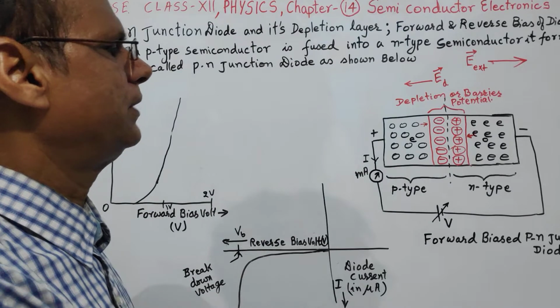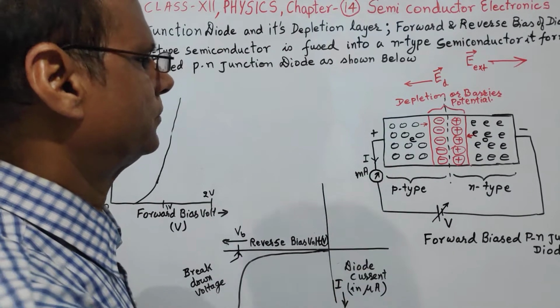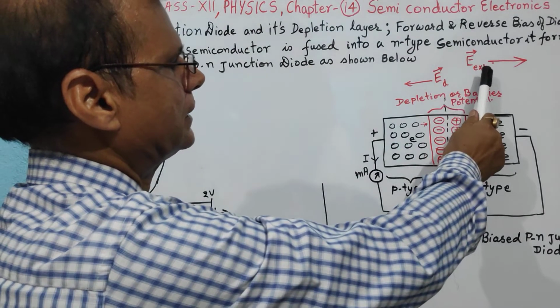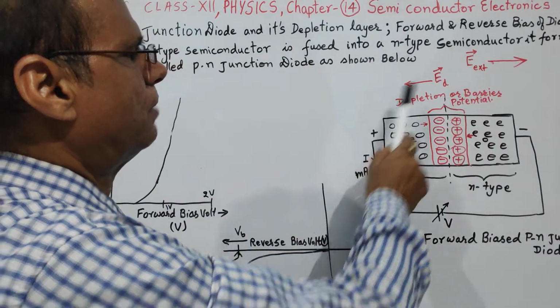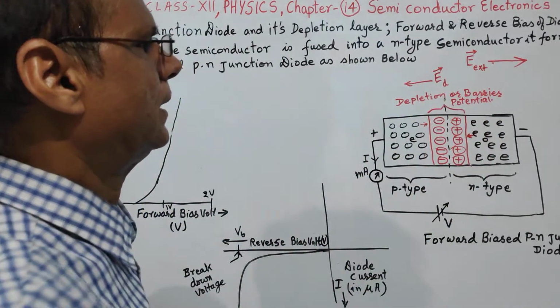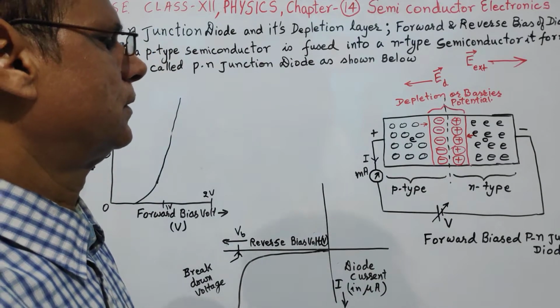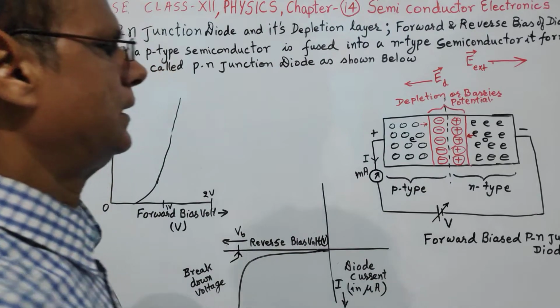Now if we have done like this, what happens is an external electric field is now opposing the depletion layer or barrier potential, and therefore the barrier potential is reduced.